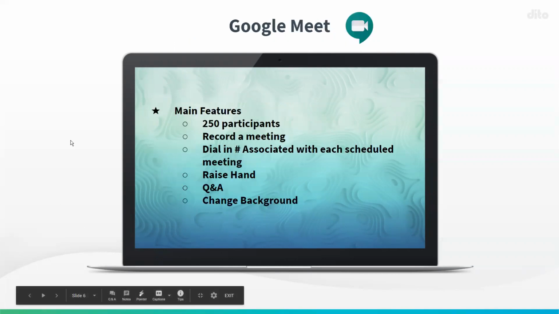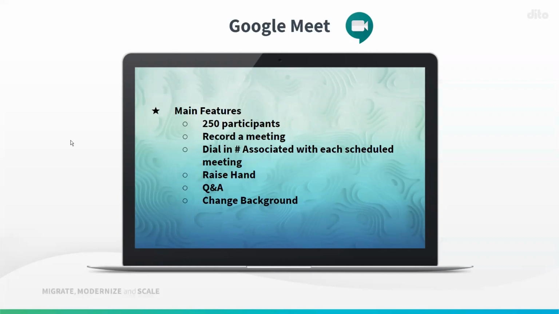As well as responding to those events. And then lastly, we're going to go through Google Meet, which ties hand in hand with Calendar. Some of the main features of Google Meet: you can have up to 250 participants live in a Meet. If you need more than that, you can create a stream that will work for up to 10,000 people at view only.